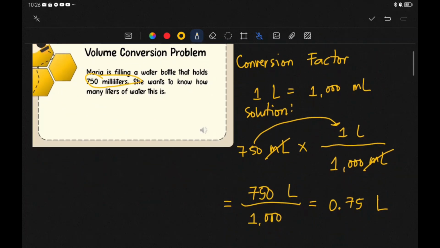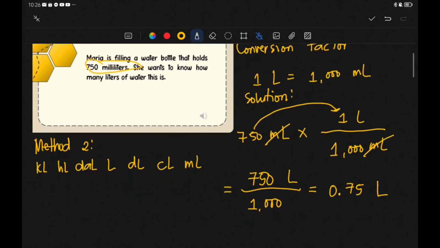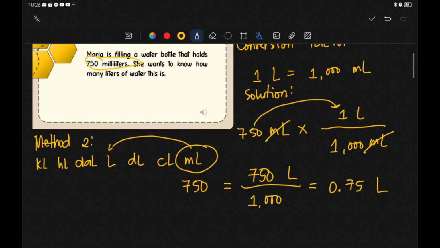Now, let us check our answer with method 2. So, we have here kiloliter, hectoliter, decaliter, liter, deciliter, centiliter, and milliliter. So, given 750 ml, going from milliliter to liters.